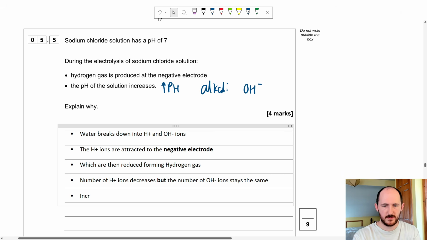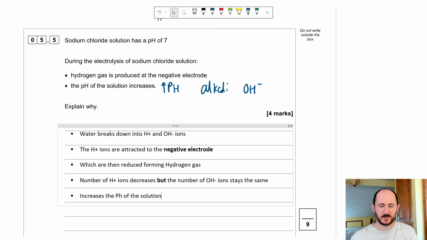And that's it, because there's a relative increase in the number of OH minus ions. The OH minus ions stay, H plus ions go away, so there's less acid and the same amount of alkali, so it's as if it's becoming more alkali.